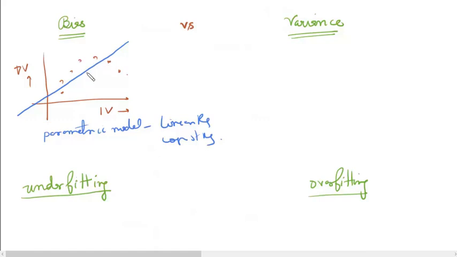So this is not actually capturing the pattern in the data. It is loosely fitting the pattern present in the data. So we can say that it is an underfit model, because the actual pattern in the data is a complex one, but what we have fit is a very simple model. So highly biased models usually underfit the data.